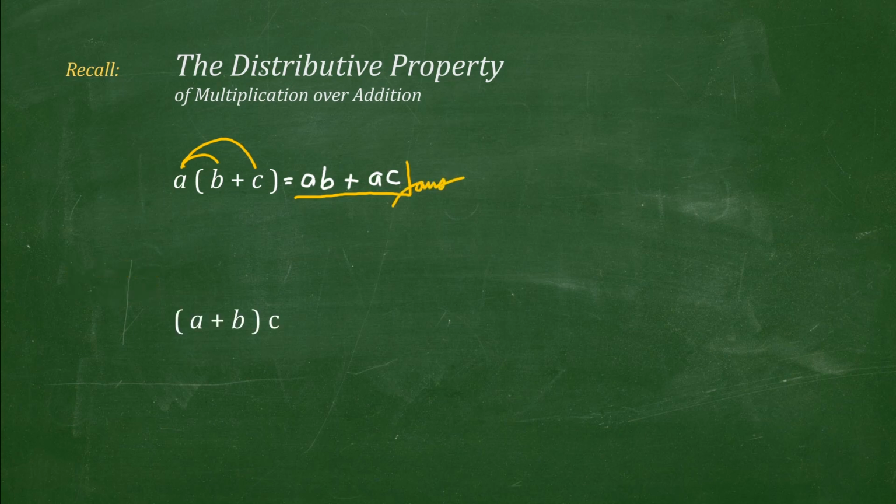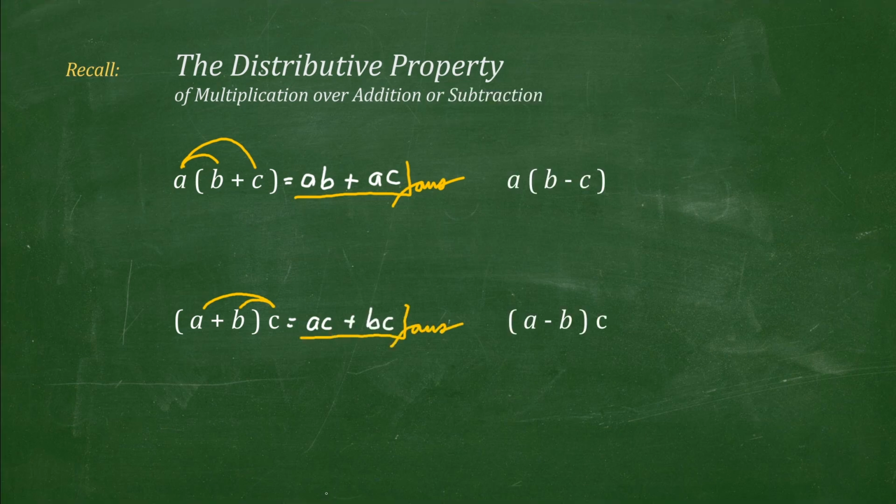This property is of course applicable also if the number to be distributed is from the right side instead, as quickly shown here. And of course, we can also recall that this is applicable not only for addition, but also for subtraction, replacing plus with the minus sign, again, as quickly shown here.